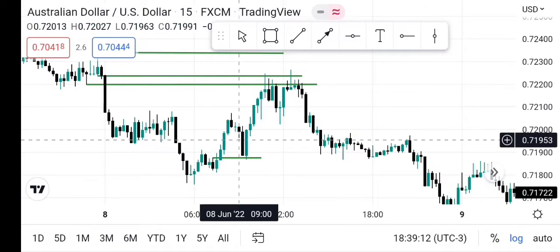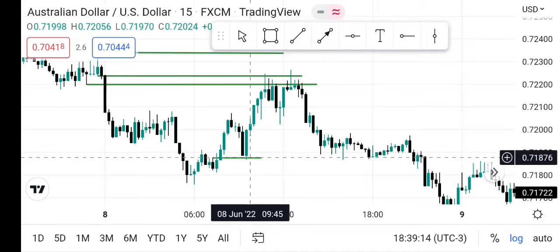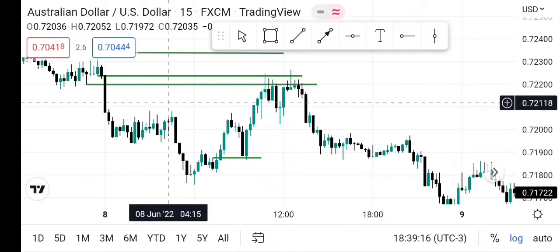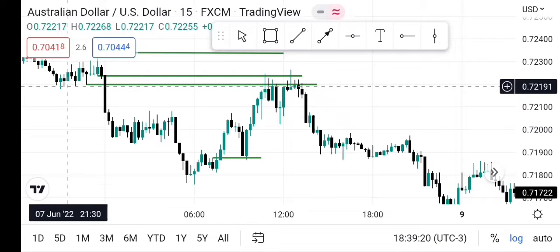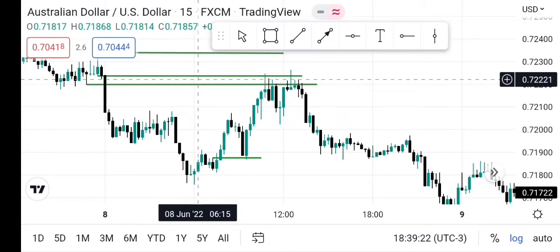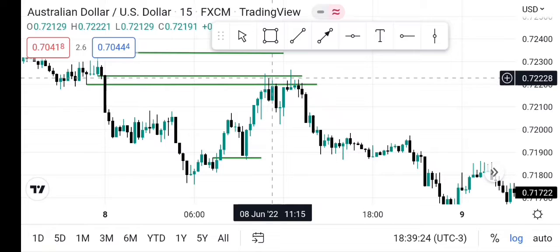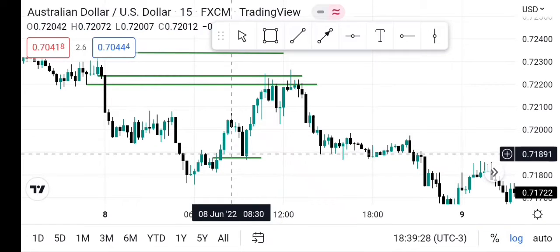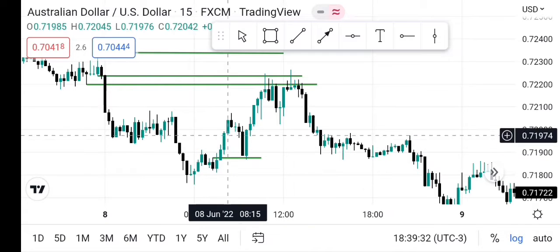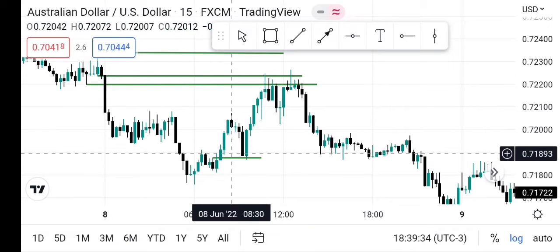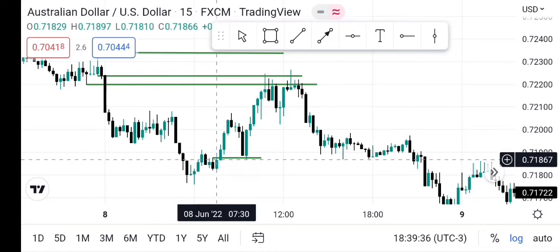You can see here too, this is where the reaction occurred. The market broke the structure here, and then it came back to retest. This is your retest. Look at it here. Market broke this structure. After it broke that structure, it came back to retest that zone.